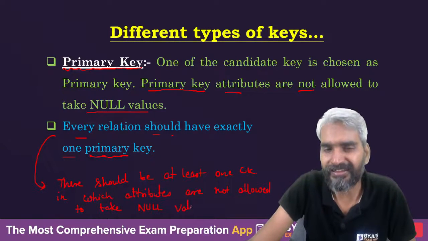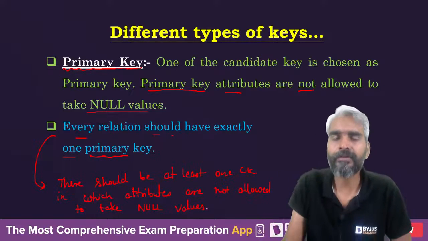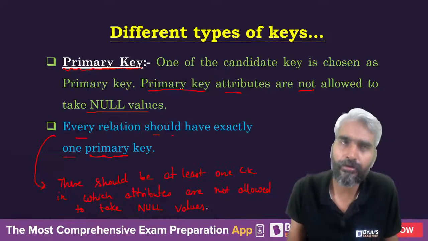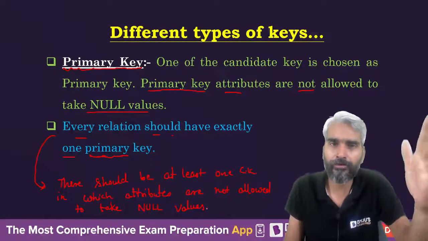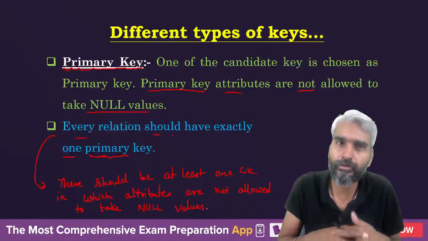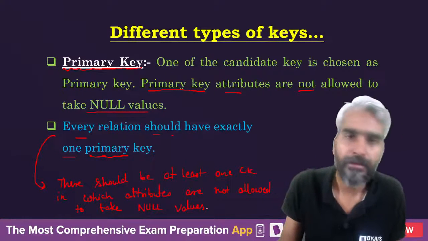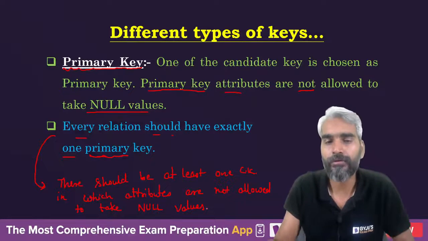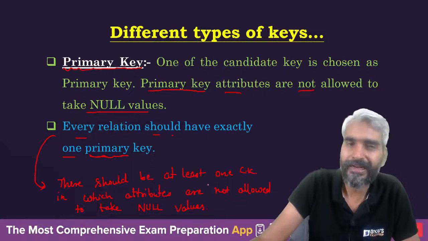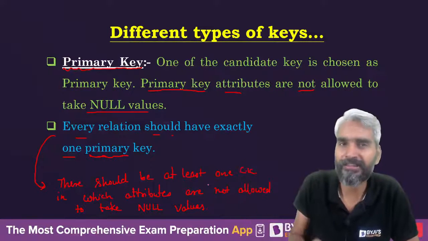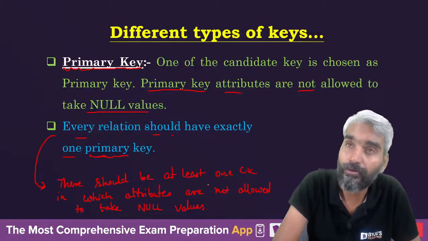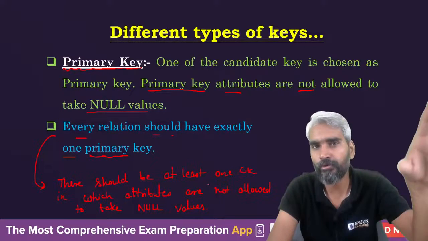So these are the constraints which will be defined when you define the database, that okay, for student, roll number is not allowed to take a null value. There cannot be any student whose roll number is not given by this college or school, right? So that's the idea, that you will have the information about the attributes, and you will know that okay, this attribute is never going to take the null value.